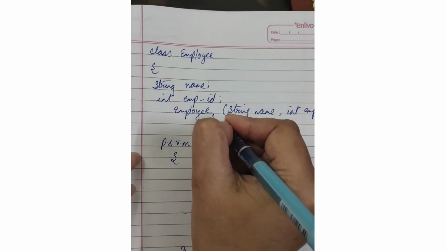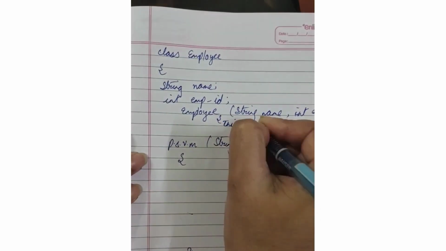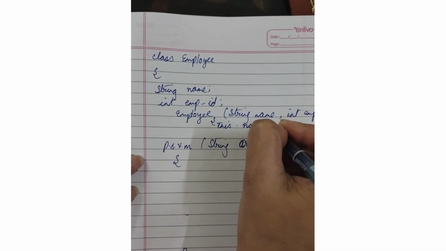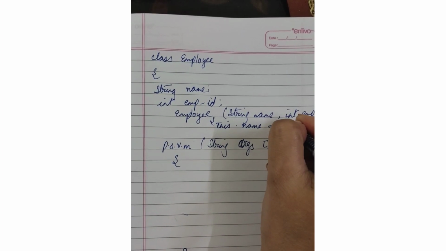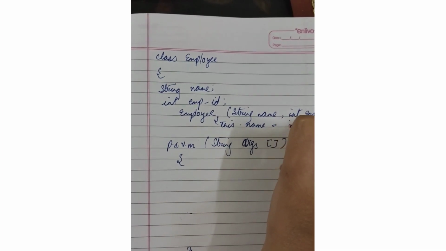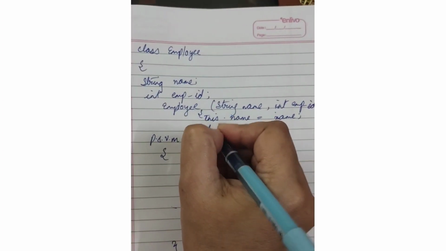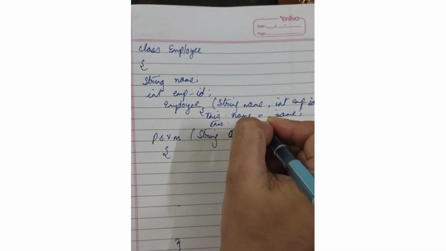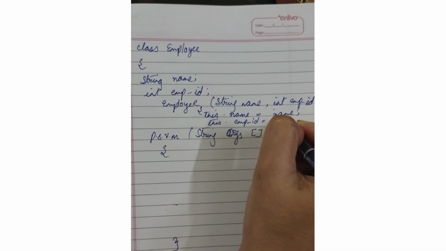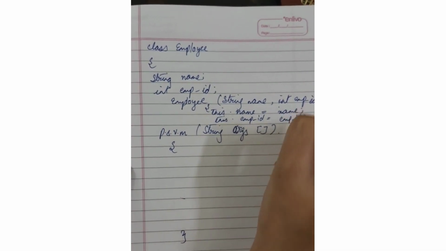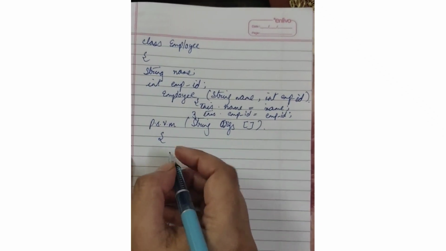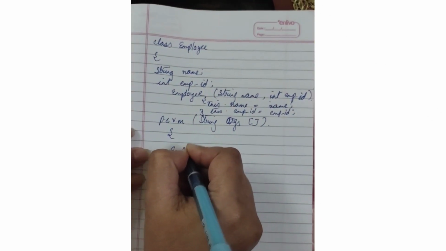Let's use it here. This dot name is your keyword, and let's consider it as the name, and this dot employeeID is your employeeID. Correct?